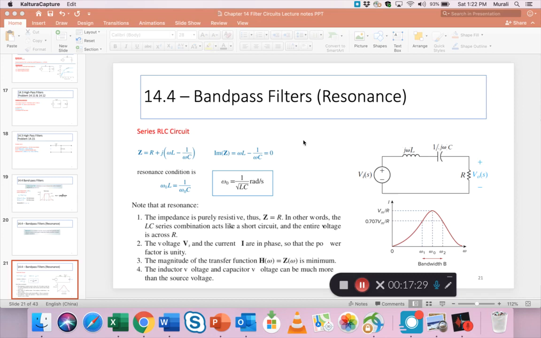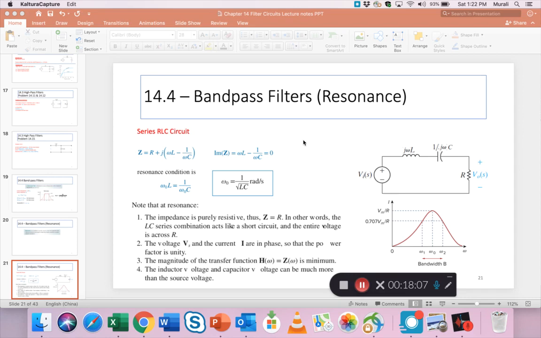So since current, which is the output of interest here, is voltage by impedance, and impedance only has a resistance now, two things are going to happen. Number one, the current will be in phase with the voltage because it's only a resistive load. Number two, any value of whatever is in that brackets, the imaginary value, any additional value, anything more than 0, will add ohms to the circuit, right? And the ohms will only decrease the current.